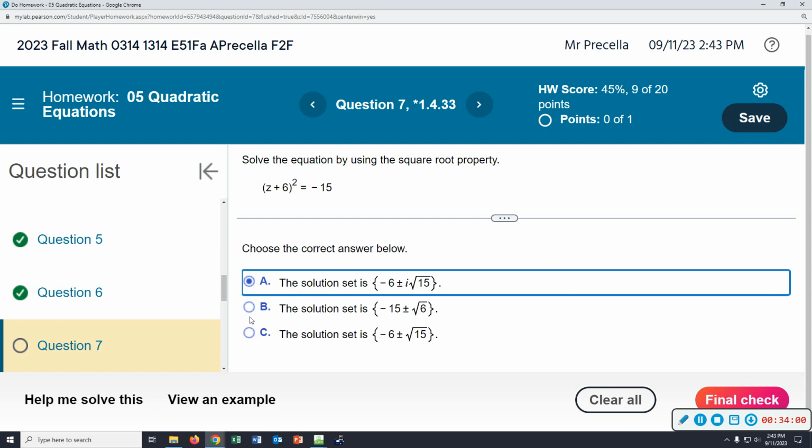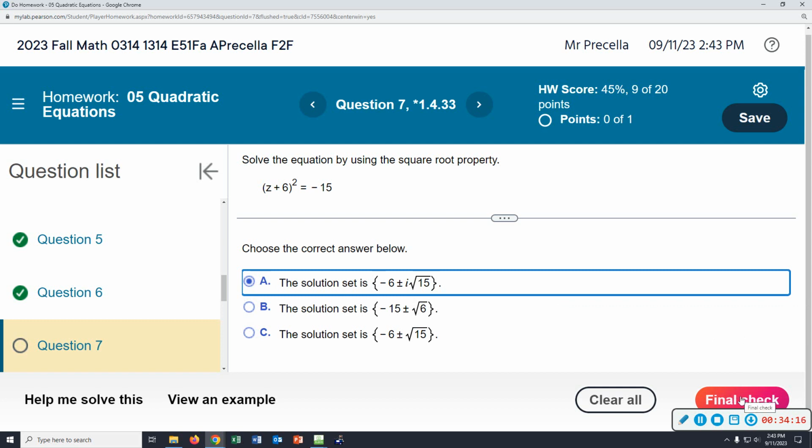But which one of these? Well, I think it's got to be A. And if I got it wrong, I'm going to have to say similar problem. You only get one guess, if you will, on a multiple choice.